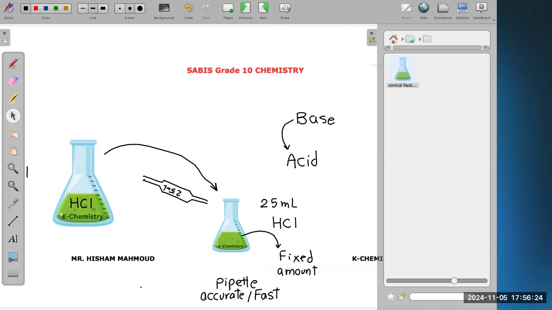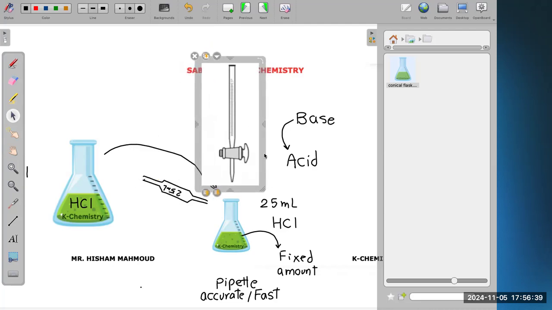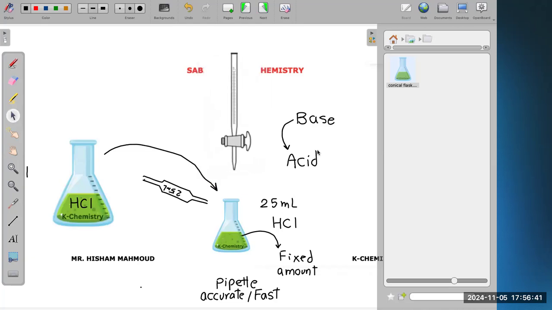Sorry, the system is very slow. So this one is a big one. And then I will put it like that. This is the burette, very good. So I will use this one.